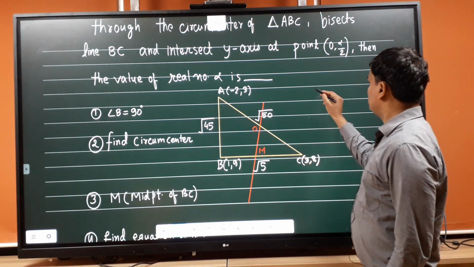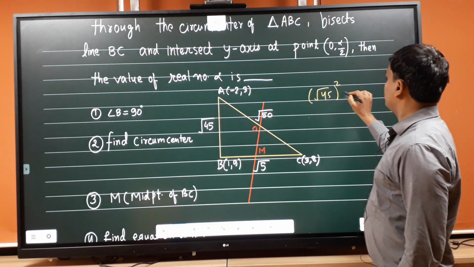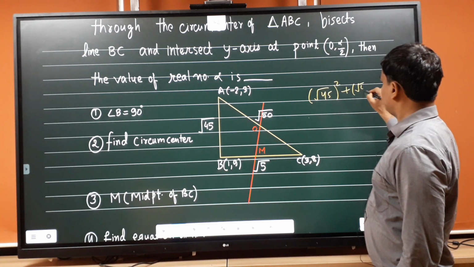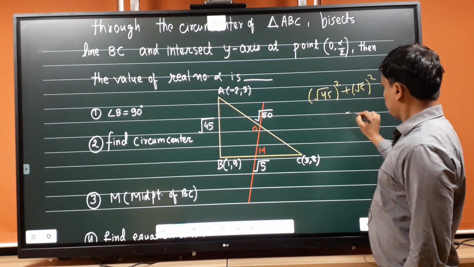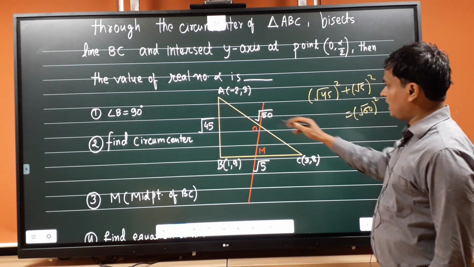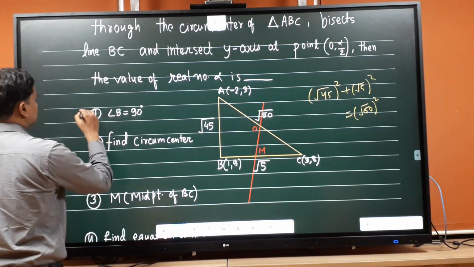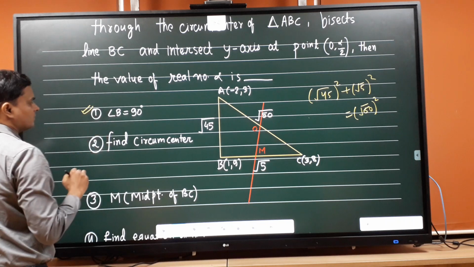If you square root 45 and add it with root 5 squared, it will be equal to root 50 squared. So the triangle is like this, and this was an important point that should be identified at the first time.